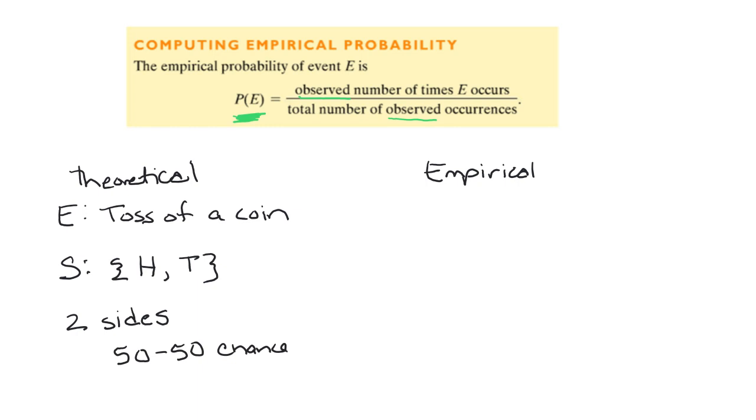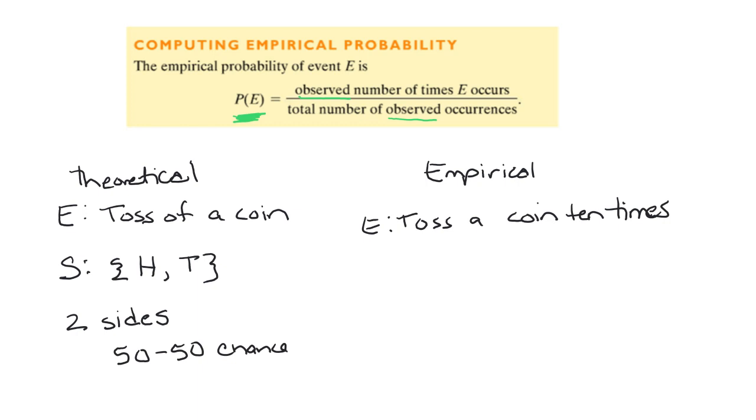So once again, we may be tossing a coin, but our experiment may be tossing a coin 10 times. All right, so what happens when they say observe, we're going to observe someone tossing a coin and we'll record the results of what is turned up, whether it was a heads or whether it was a tails.